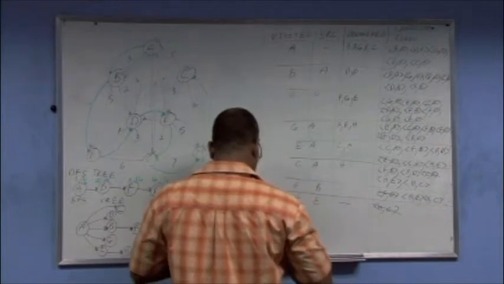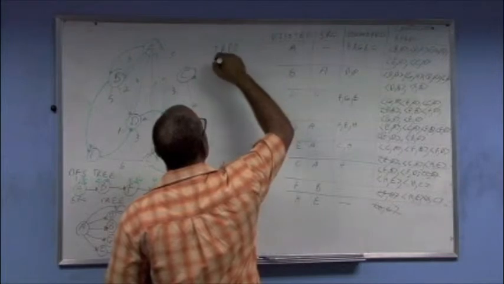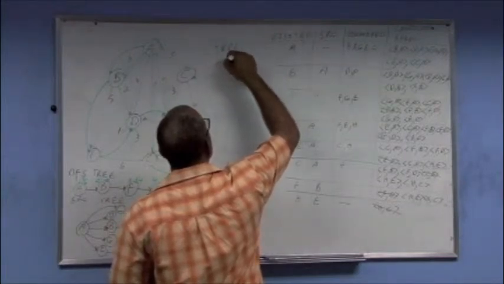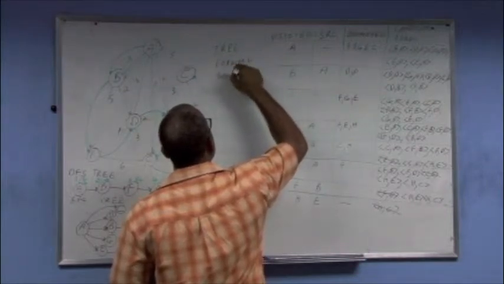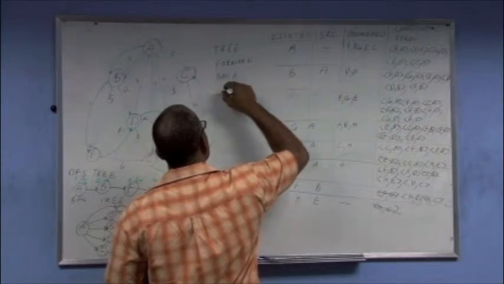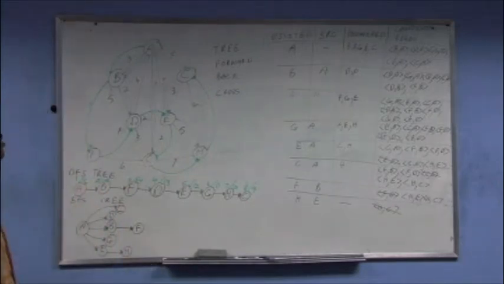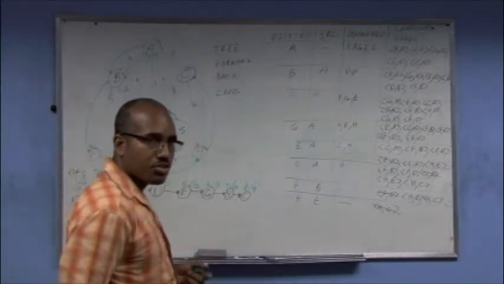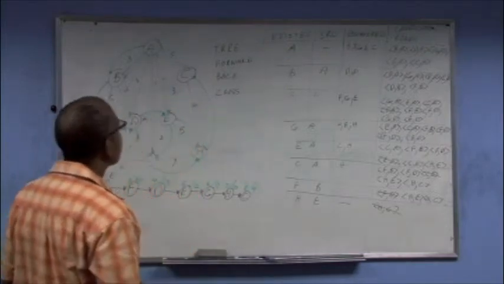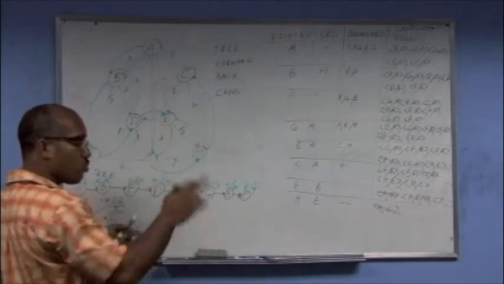You have your tree edges, you have your forward edges, you have your back edges, and then you have your cross edges. Your forward edges would be those edges that have some ancestor-descendant relationship in the depth first search tree, and you would have moved forward. The forward edge would carry forward into the tree.